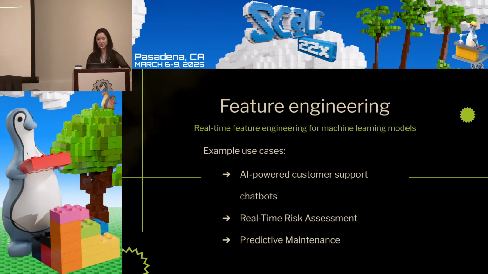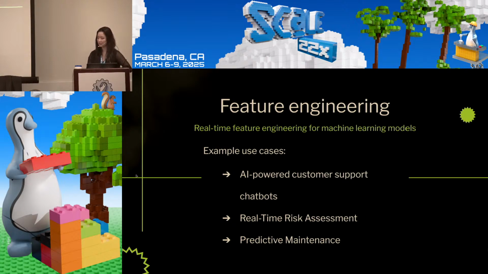And you can transform these data points into real-time features that help you predict equipment failures before they happen. This will make the entire operation more efficient so that you don't have to schedule maintenance based off of fixed intervals. Instead, you can be more proactive and prevent failures from happening before they actually do.